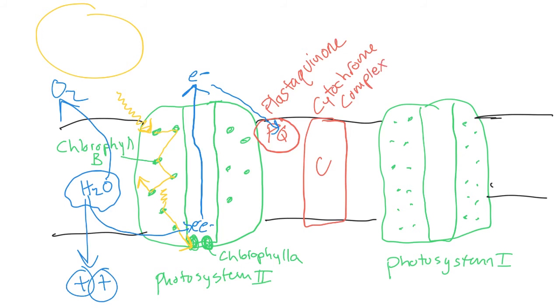And it takes that electron, and it also takes protons and pumps them through into the thylakoid space. All right, what's the next one start with? P. Yep, you got plastocyanin.